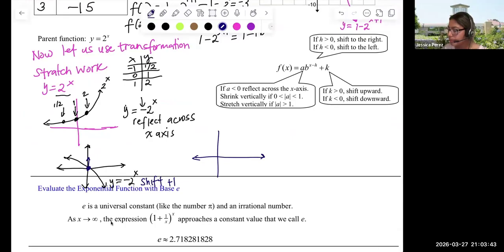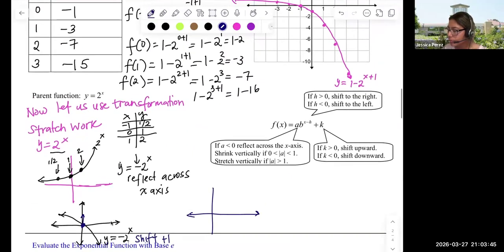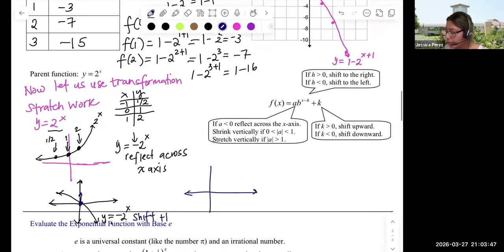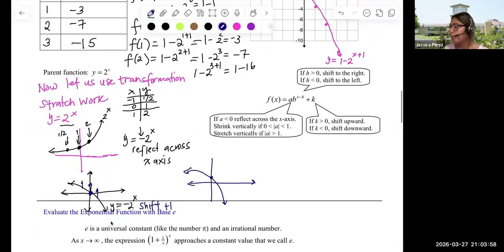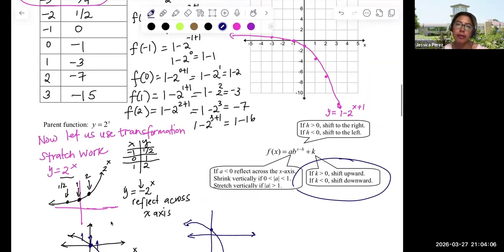Basically what I did is I shifted every y value up 1 unit. Because k is 1, you shift upward. And that's exactly what we have right here.